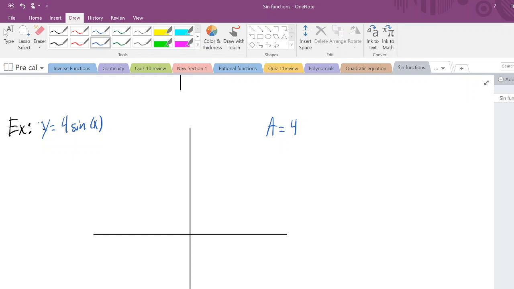But the one thing that's not going to change are the points that I'm using: pi over 2, pi, 3 pi over 2, and 2 pi. So let's do these.